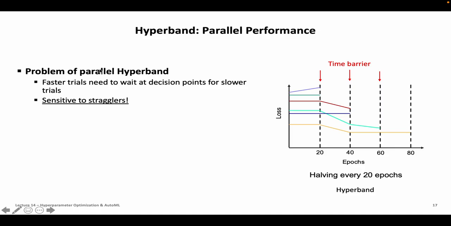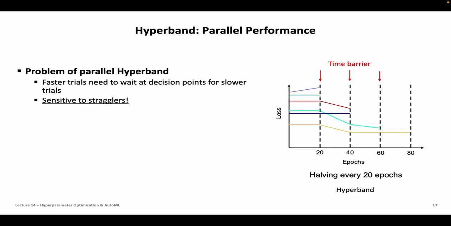Now, especially when you're moving to a setting where you have lots of parallel computing resources available, such as is usually the case on an HPC system, you can run into performance issues with this classical Hyperband approach.